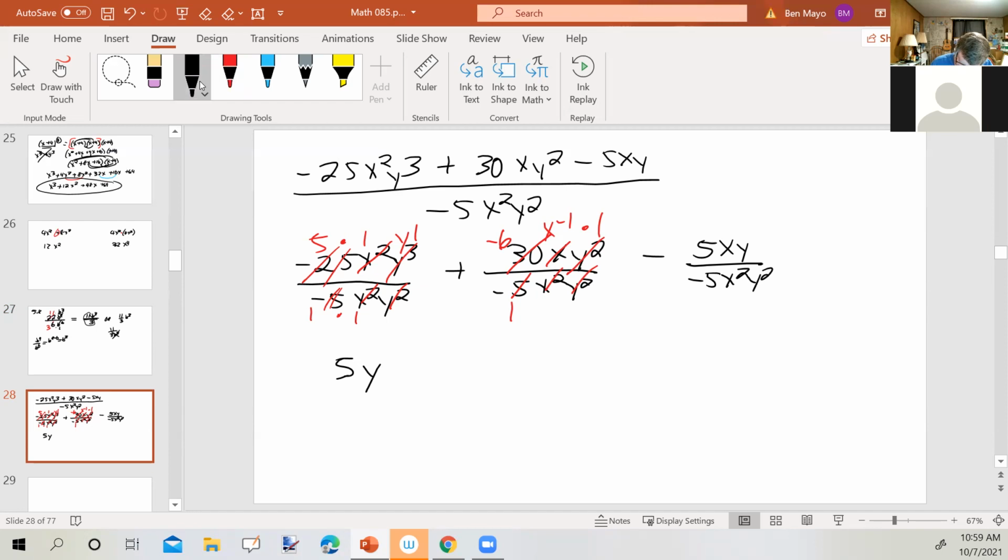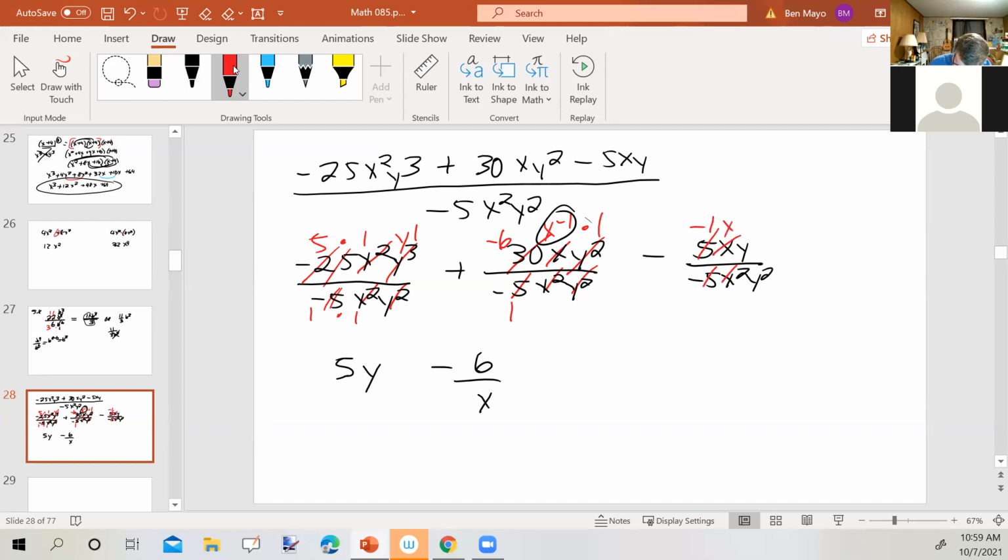So I've got a -6. But then I could take this and move it downstairs and make it x to the 1 power. So I get that. Okay with that?